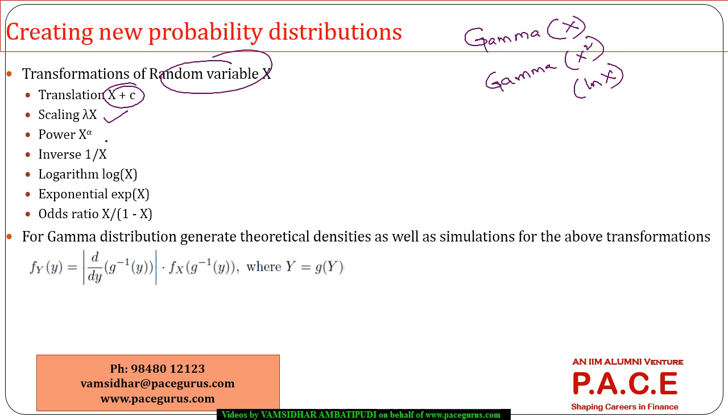Scaling can be done. Power can be used, x power alpha. Inverse, of course, this is also the same as x to the power of minus 1. Logarithm, gamma function for log x, gamma function for e power x. So I may be interested in finding out for the different kinds of transformations.